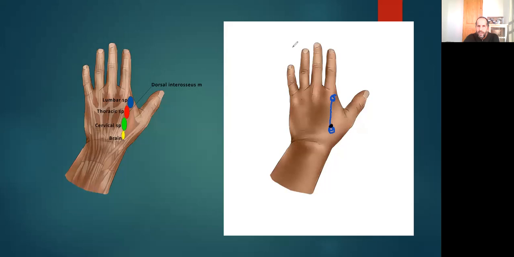But we're not interested in that right now. We would have cervical, thoracic, and lumbar, which will be right close to the bone.